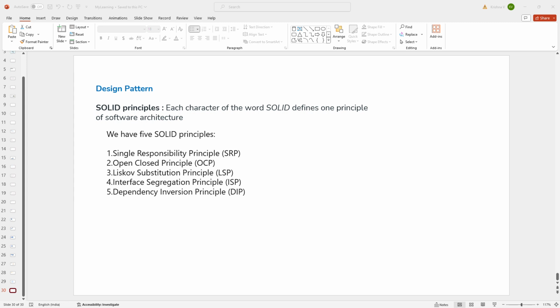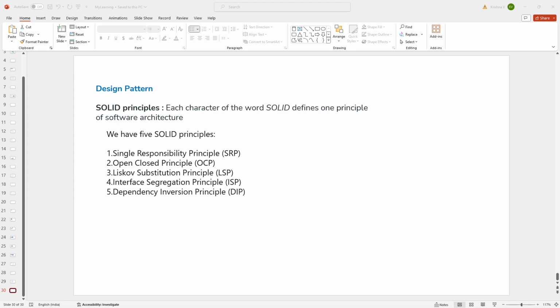This is also one of the most used principles. In real time, most people are using the dependency inversion principle. We are inverting things to the client, so that he will take the decision instead of us doing the things.